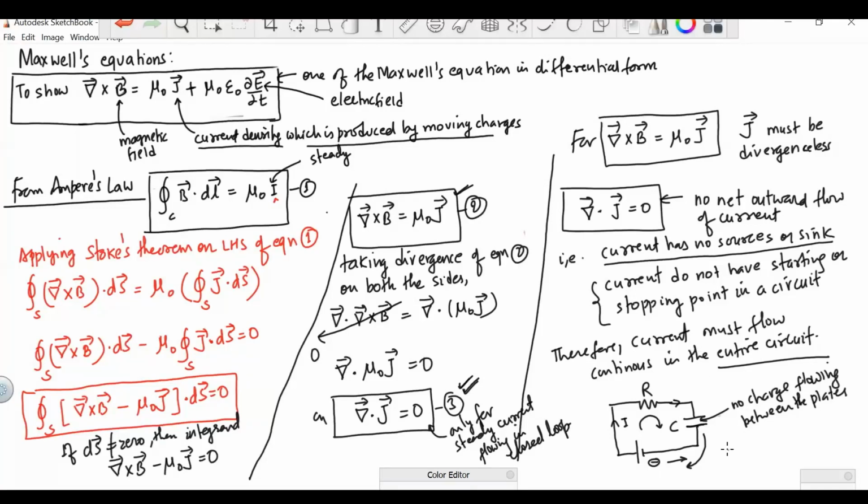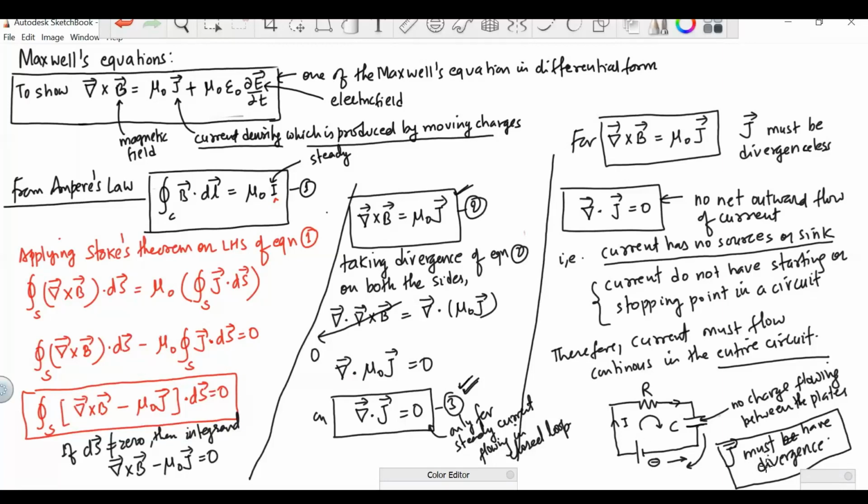Therefore, current density must have divergence. So we must have divergence of J, because we have current which must flow in the entire circuit.